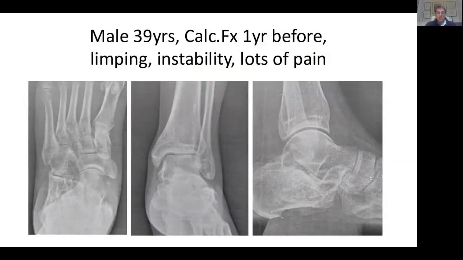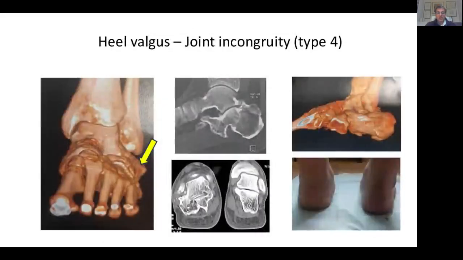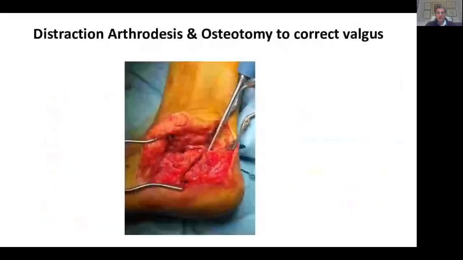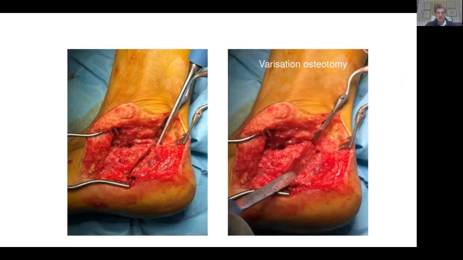And in a little bit more detail. In this case, again, young patient, calcaneal fracture 1 year before, treated non-operatively, in a lot of pain, lateral wall bulging and significant valgus alignment of the heel. And so I decided to go for a major operative reconstruction here with calcaneal osteotomy through the same L-shaped incision, preparing the subtalar joint.